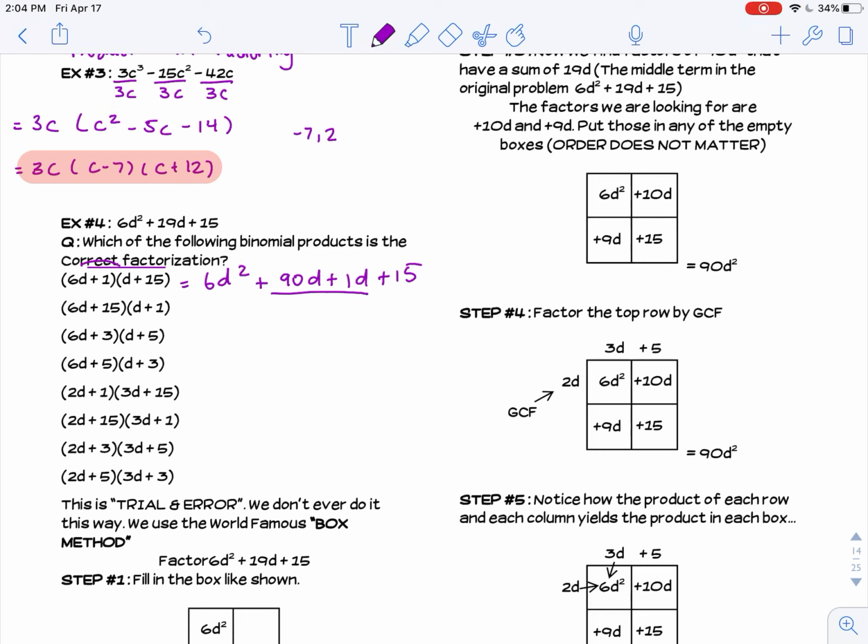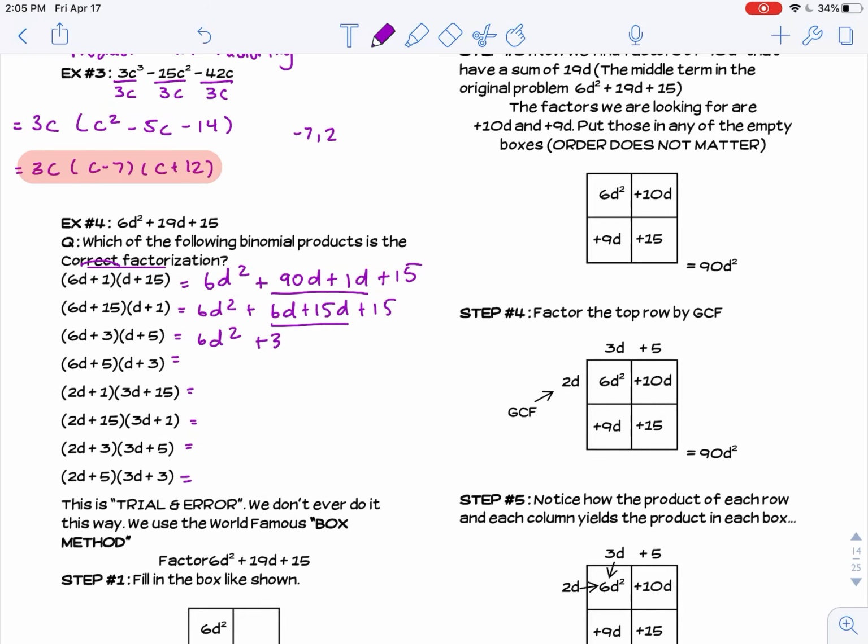You're going to have 91d in the middle when you want 19d. So you're going to have to find some other way to do it. You could go ahead and try these. I'll go through them really quickly and we'll look at what we get. 6d squared plus 6d plus 15d plus 15. That wouldn't work. That would give us 21.